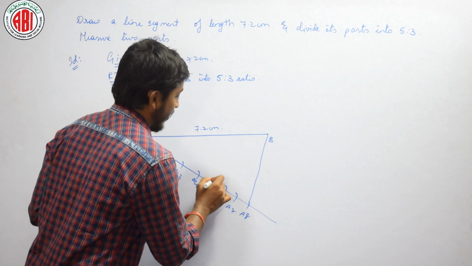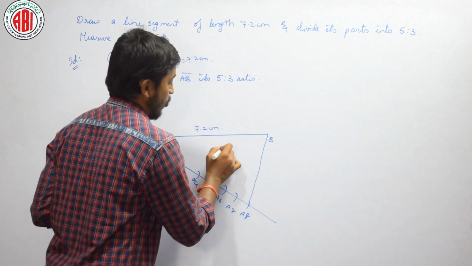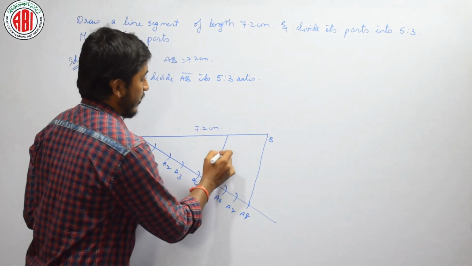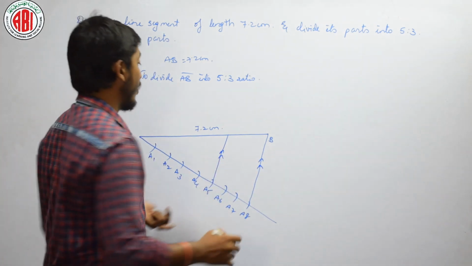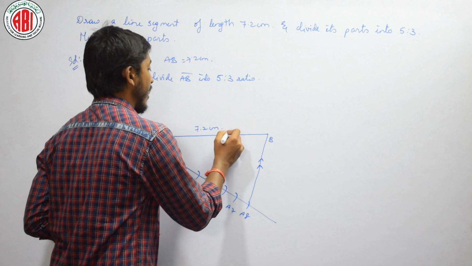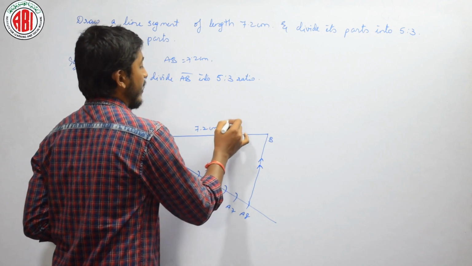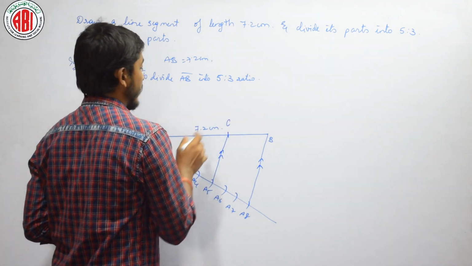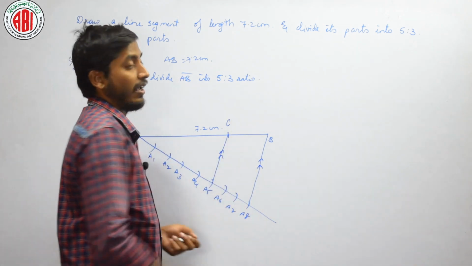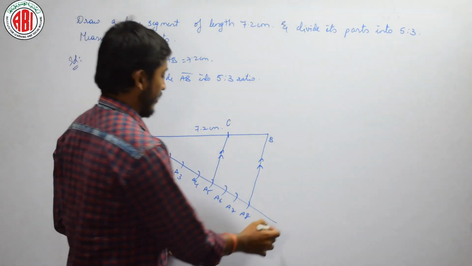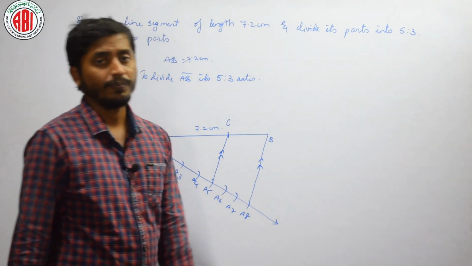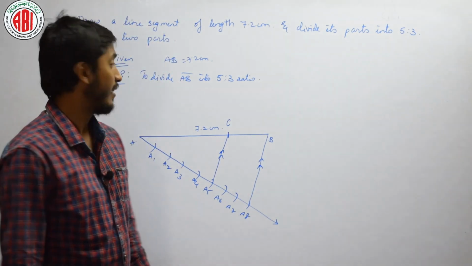This and this both should be parallel. Therefore, this will be my point. Let us assume it to be C, which is in the ratio 5:3. Is it clear? This is what he asked. This is nothing but a small simple ray. Did you understand?